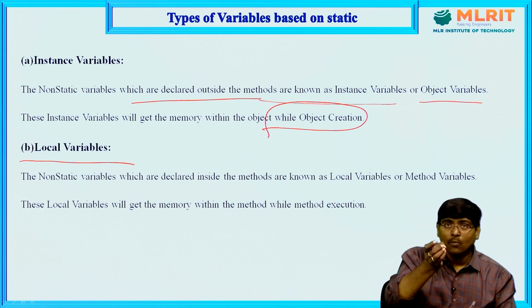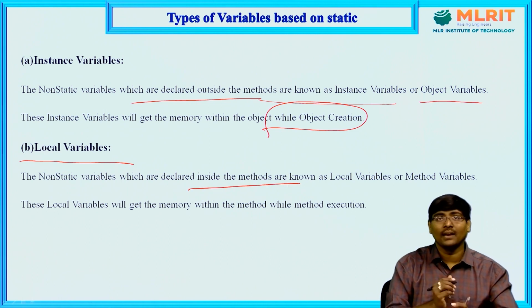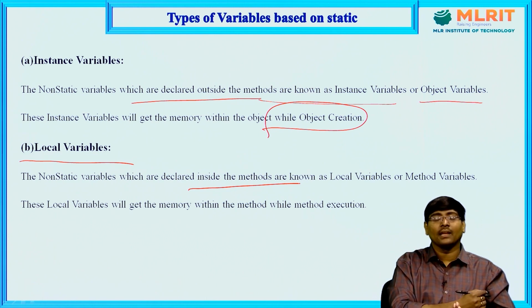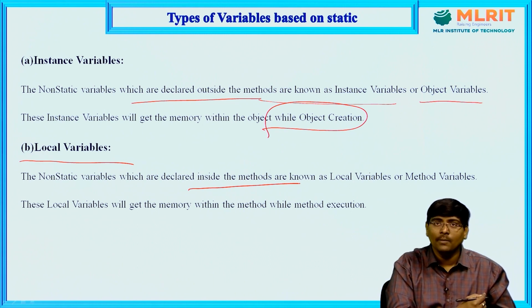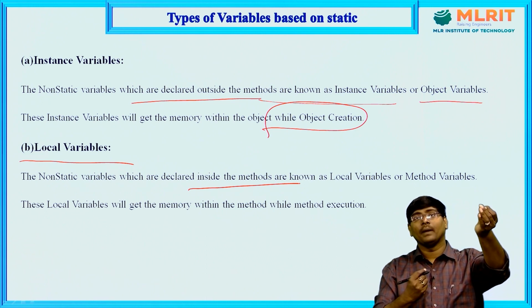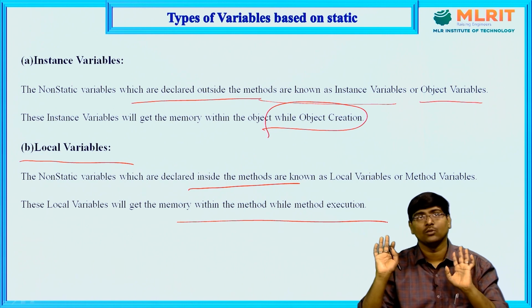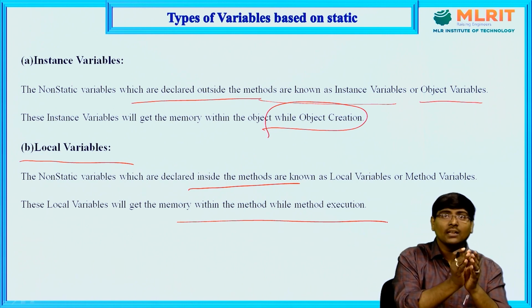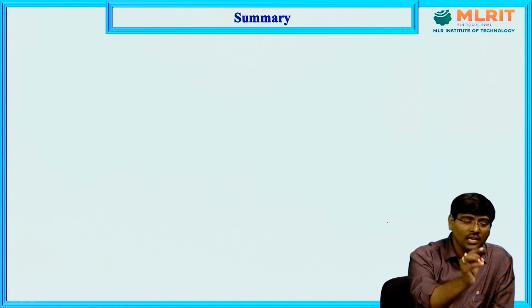The variables that are declared inside the method are called local variables. When will the local variable get the memory? Whenever we call the method, during method execution it will get the memory.